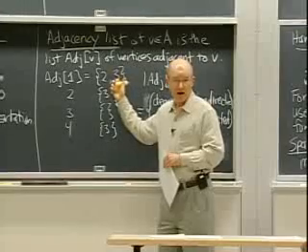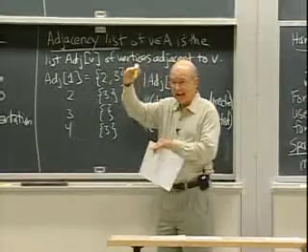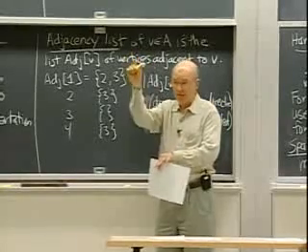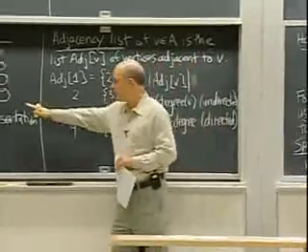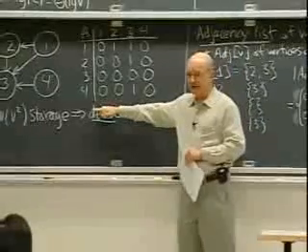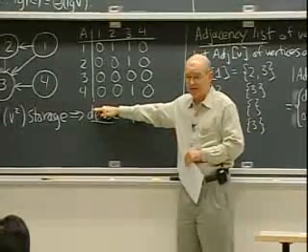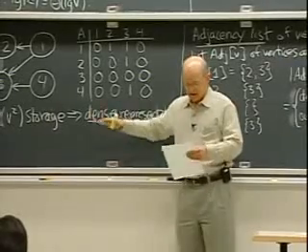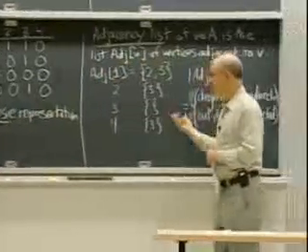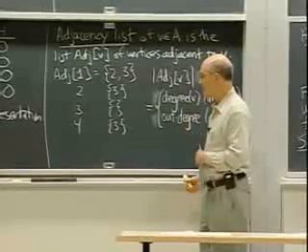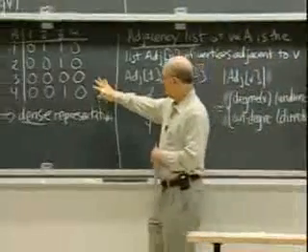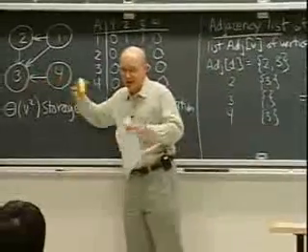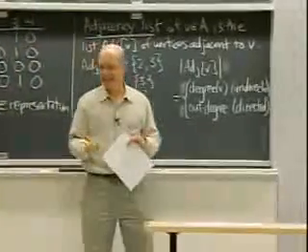You'll need order log of v to be able to name each different vertex. The log of the number is the number of bits that I need. So there are places where this is actually a far more efficient representation. In particular, if you have a very dense graph, this may be a better way of representing it. The other thing I want you to get, and we're going to see more of this next week, is that a matrix and a graph are two ways of looking at the same thing.